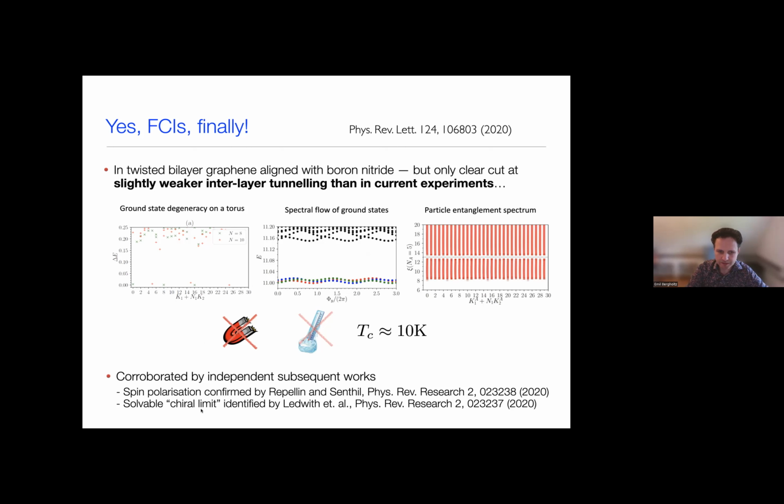And then there was this nice work by the Vishwanath group, which found a solvable limit by putting one of the tight binding parameters to 0, basically. Then you can find exactly the Laughlin state if you take a very short range interaction. Our numerics, by the way, is for very realistic screened Coulomb interactions.